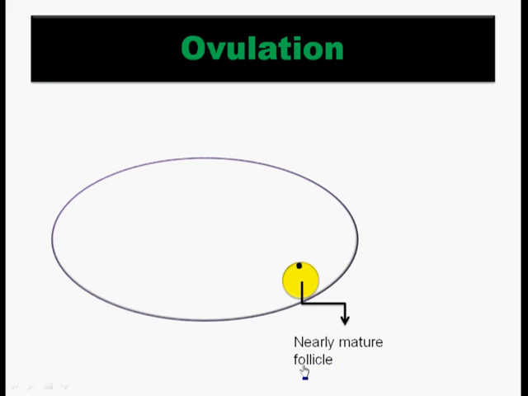Follicle. Meaning that it is not yet mature, but it is what? Nearly. It is almost mature. Good? Now what is going to happen next? And of course, this black spot here is called the ovum or the what? Egg.